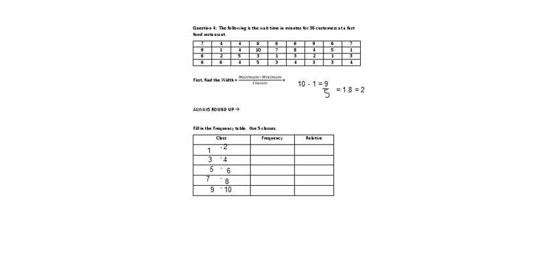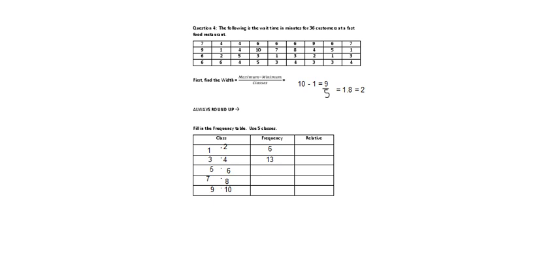Frequency. So the first step is to count all the numbers that are either 1 or 2. And if you sit there and count it, you're going to count 6 numbers. Also, if you count all the numbers that are 3 or 4, there are 13 numbers.